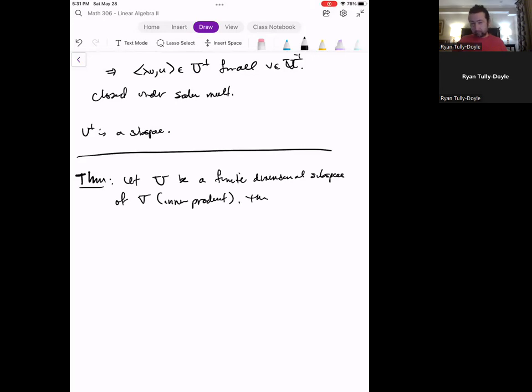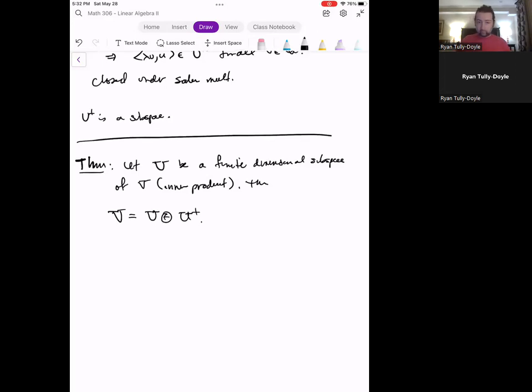Then V is equal to U direct sum U perp. This is a pretty easy argument to show. I'm going to remind you guys how one of these direct sum arguments goes.